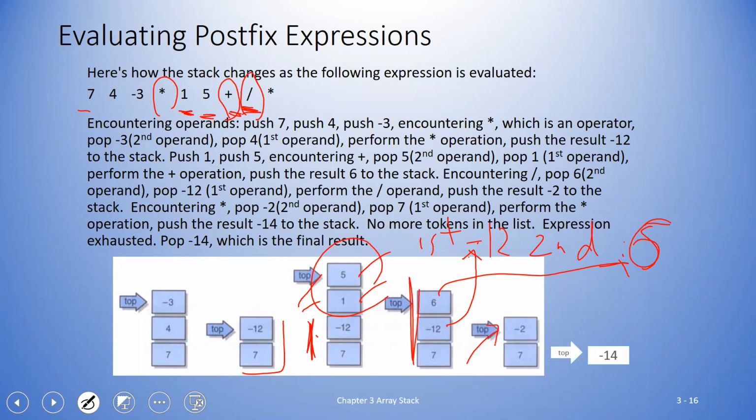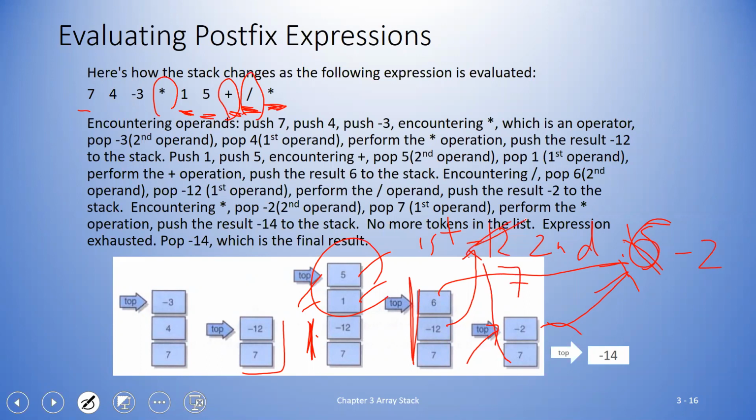Okay. And then you continue with this string, and this is multiplication. What do you do? When you encounter an operator, you pop. Okay, so we pop -2. Now that's the second operand, and we pop 7. That's the first operand. Okay.